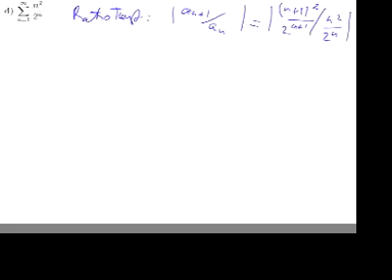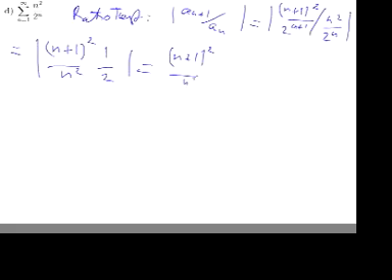Once we start simplifying this fraction, we see that almost all of the 2 cancels away. So we get n plus 1 squared divided by n squared times 1/2. Actually, these are all positive terms, so we can just forget about the absolute values. What happens if we look at the limit as n goes to infinity?